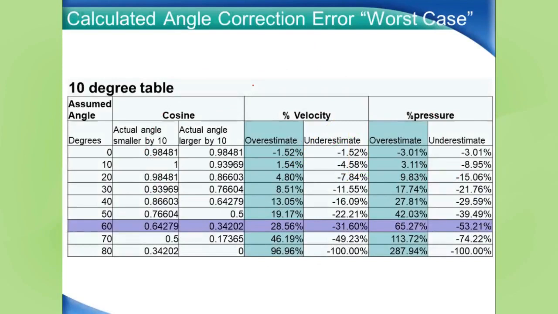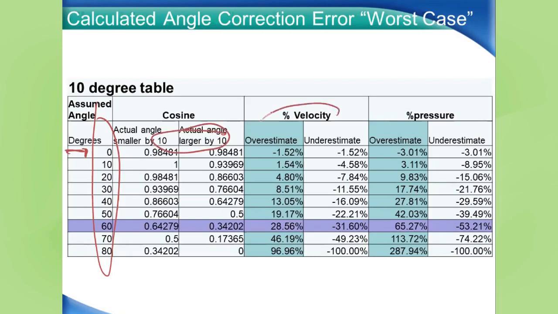So what we see here is basically the Doppler angle that we assume we're at. This means we're at 0 degrees, the blood's coming straight at us. This says we're at an angle of 10 degrees, 20, 30, etc. This says we're off by plus or minus 10, so it gives me the cosine values.